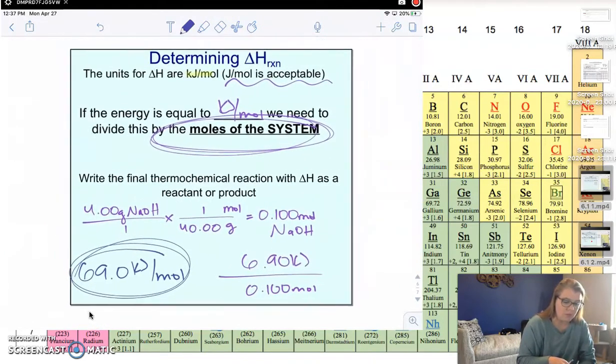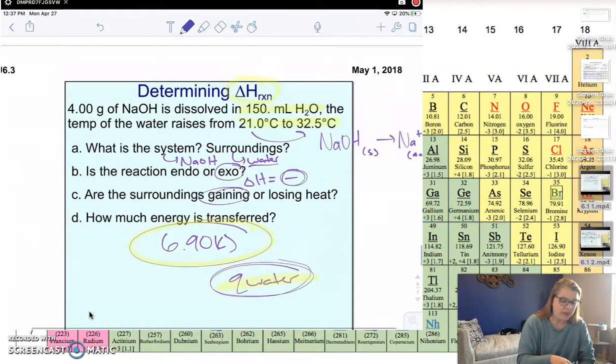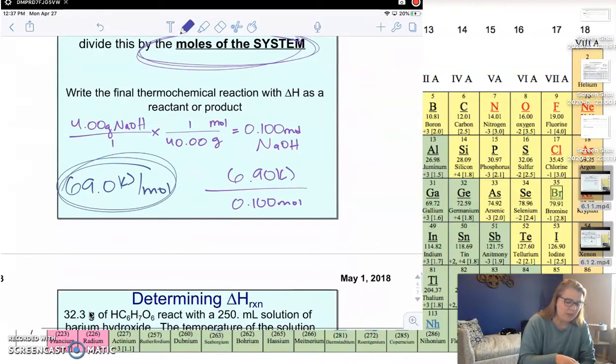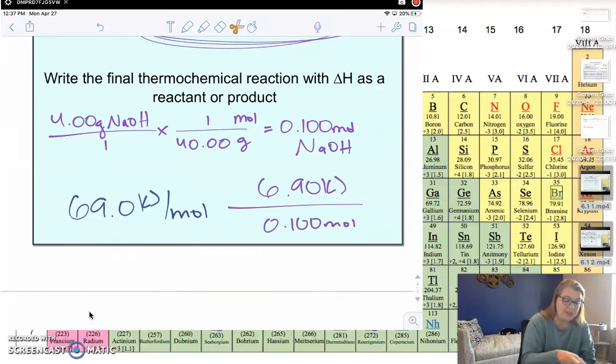Remember, our initial question was we were determining delta H of the reaction. One of the earlier questions we asked ourselves was: is this reaction endo or exothermic? We went with exothermic because the water, which was the surroundings, got hotter. So coming back to our value here, we need to once again ask ourselves, was this endo or exothermic?